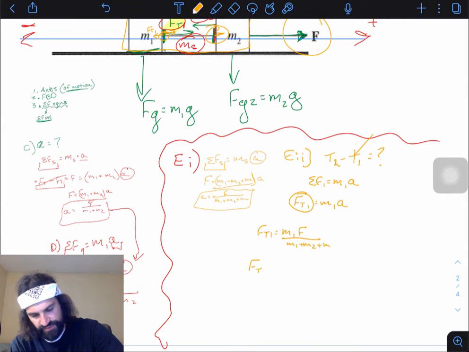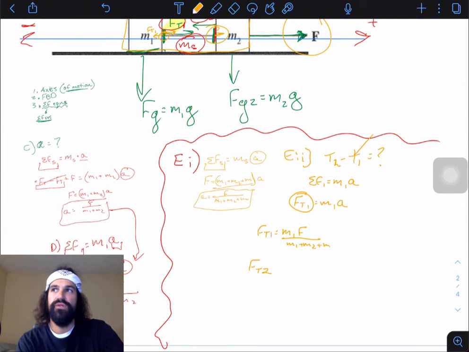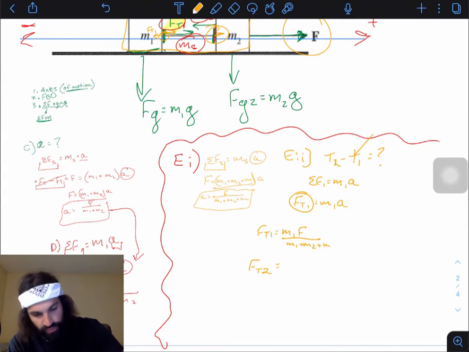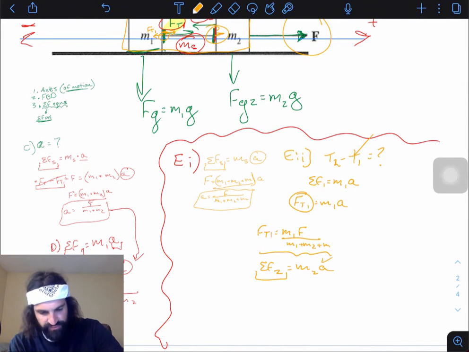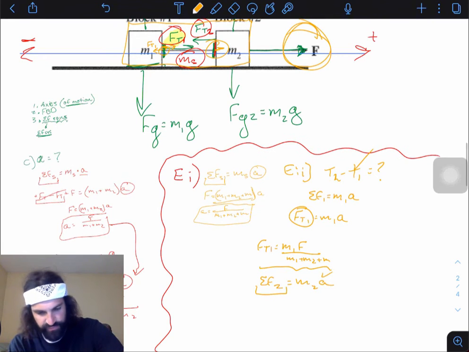Now we have to solve for tension 2 using the same process. Internal force, which means we're going to be using the net force on an individual block. So tension 2, net force for object 2 equals m2a. Well, a is known. Net force is the sum of all forces. So we have F, and we have tension 2.